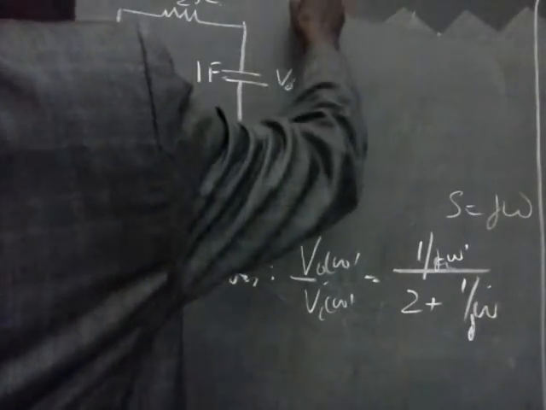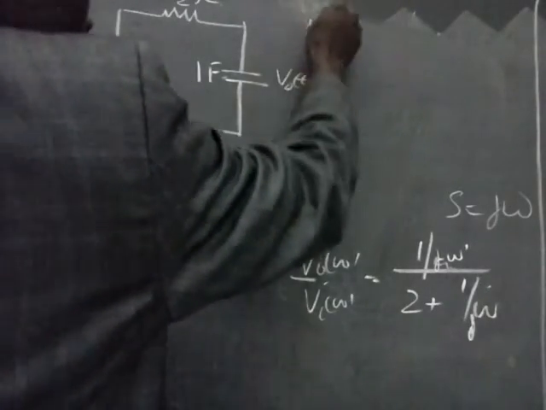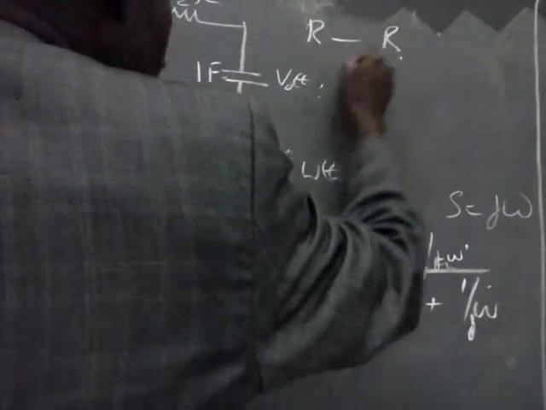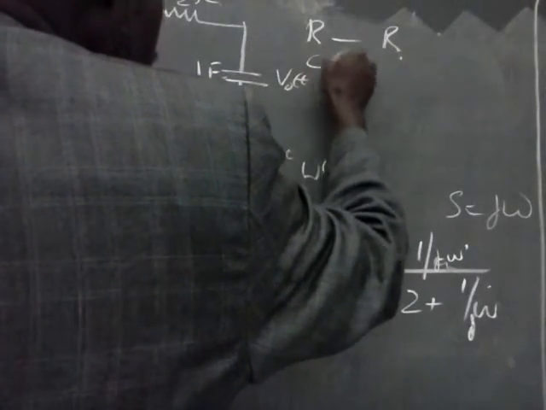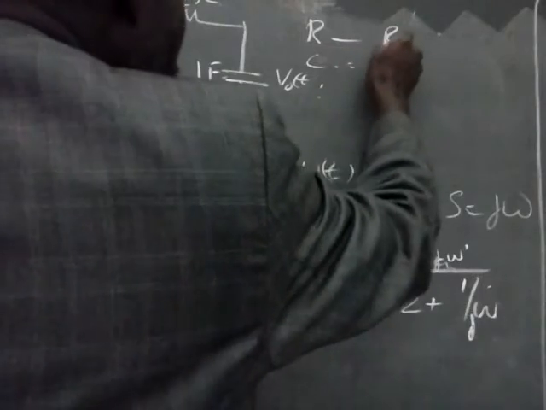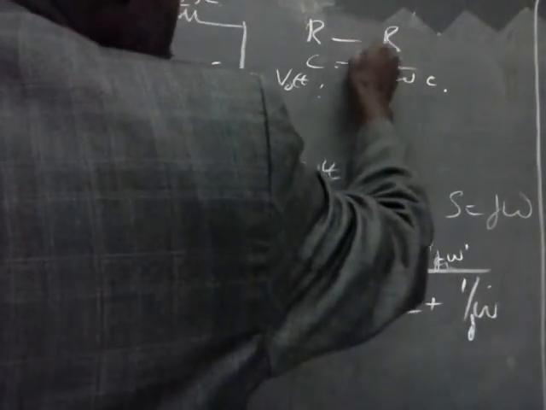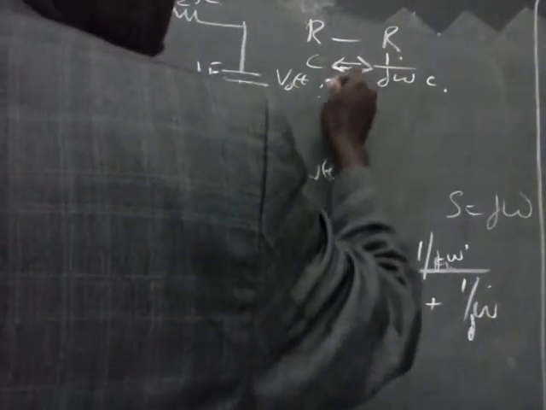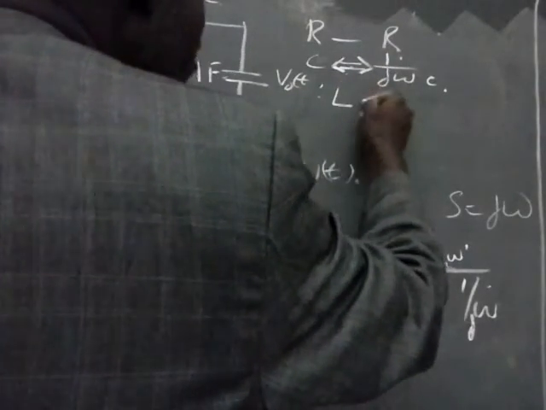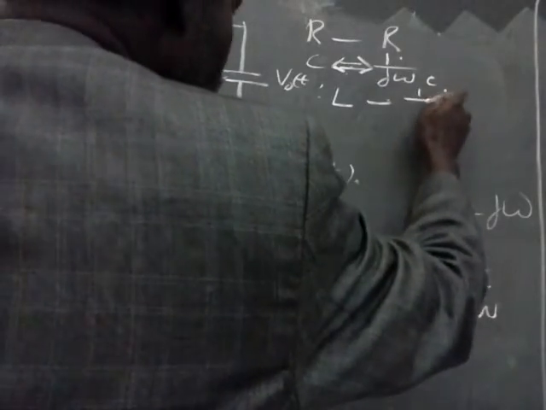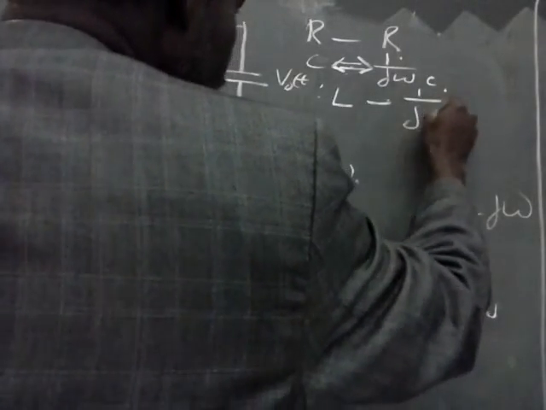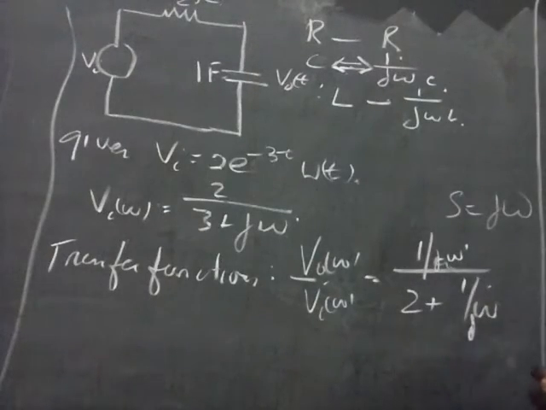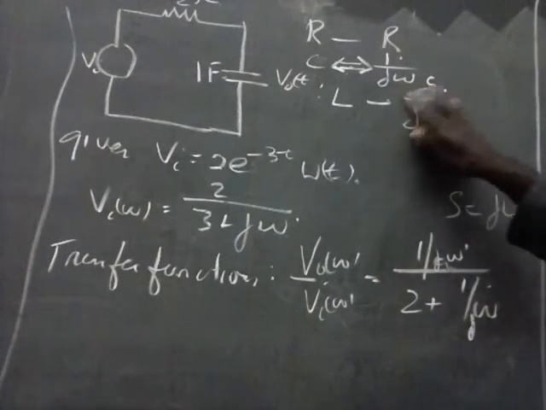All right, we know that R goes to R, capacitance goes to 1 over j omega c, and inductance goes to j omega L.